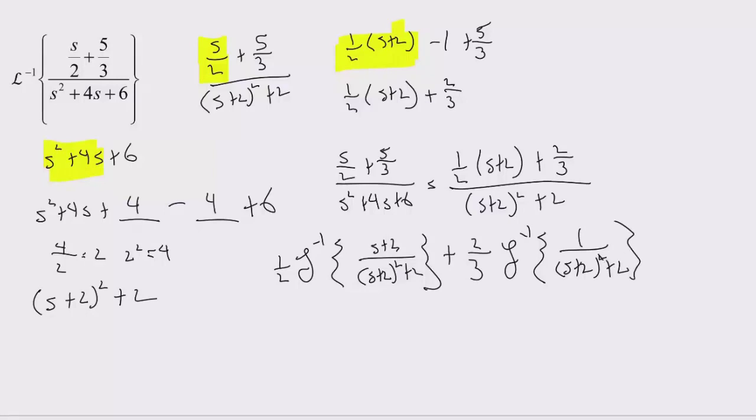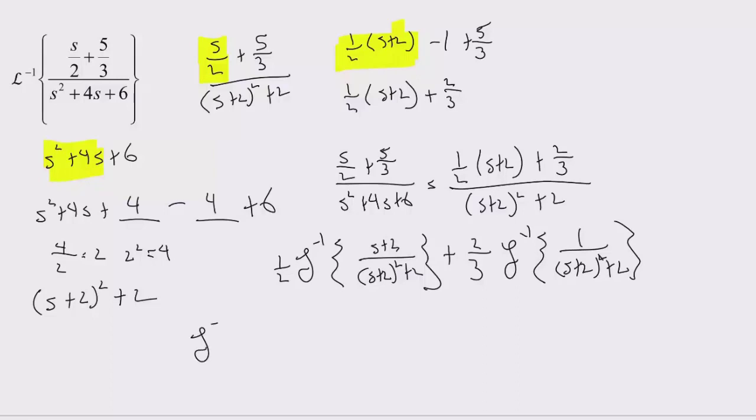And I claim that if you go look at the chart for inverse Laplace, I'll speed that part up. Again, the plus 2 piece, the s plus 2 in the s plus 2 squared, gets absorbed into the e to the at piece. So it's really, what is the inverse Laplace?